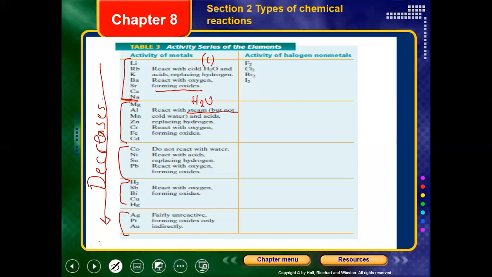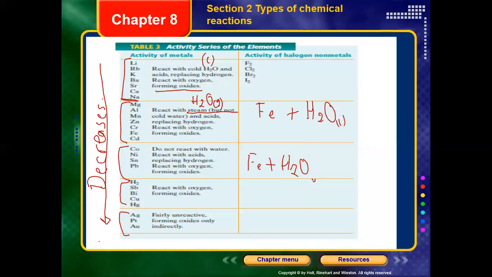So if you have Fe plus H2O liquid, and Fe plus H2O gas, again, here there is no reaction with liquid. Why is there no reaction?